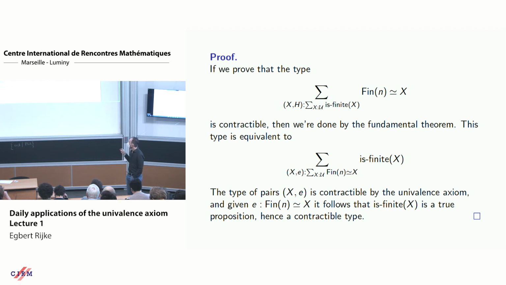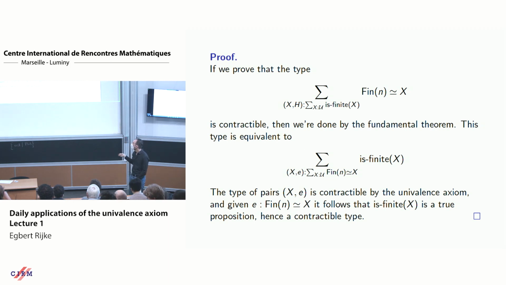Given an n-element type x, we want to say that the identifications from x to the standard n-element type is the type of equivalences from fin n to x. Sorry about this typo. So this is here our B from the fundamental theorem. And then the goal is to prove that this is contractible. And if we do that, then we're done.